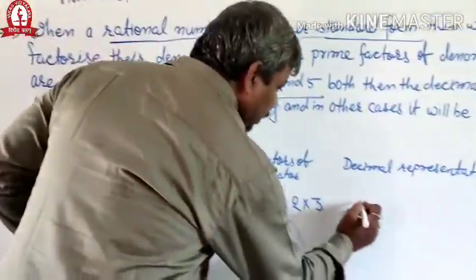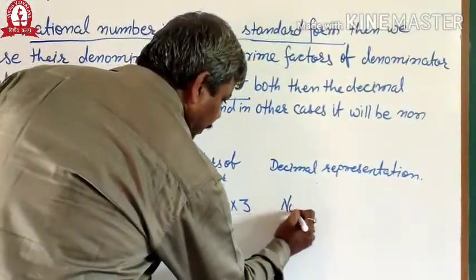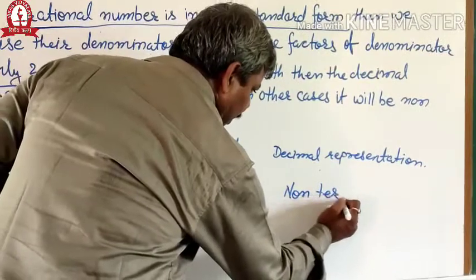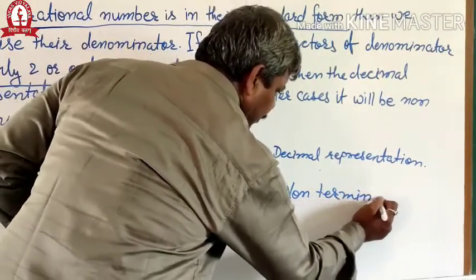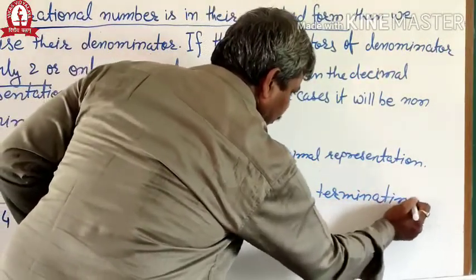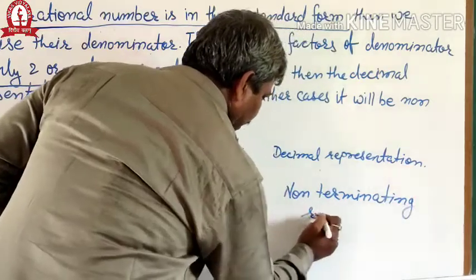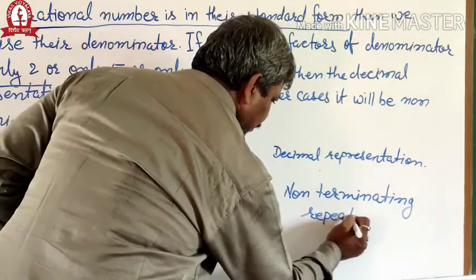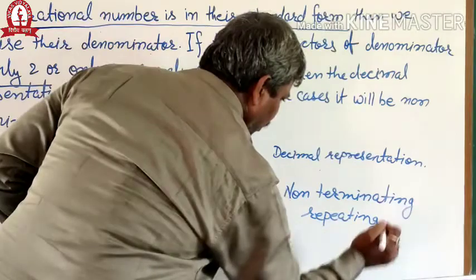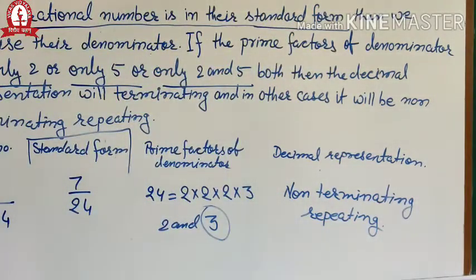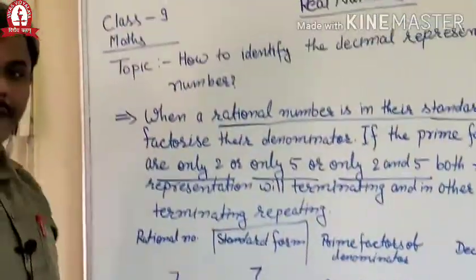So its decimal representation will be non-terminating repeating, or non-terminating recurring. Okay, thank you.